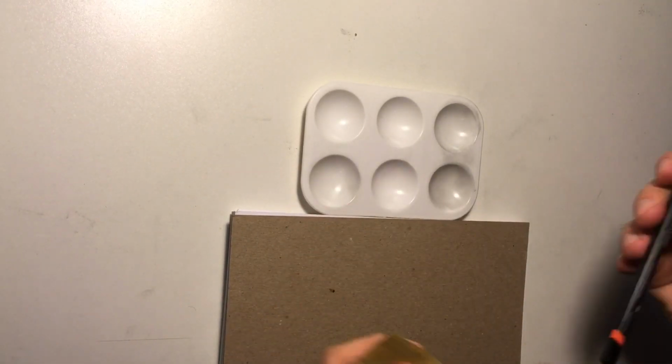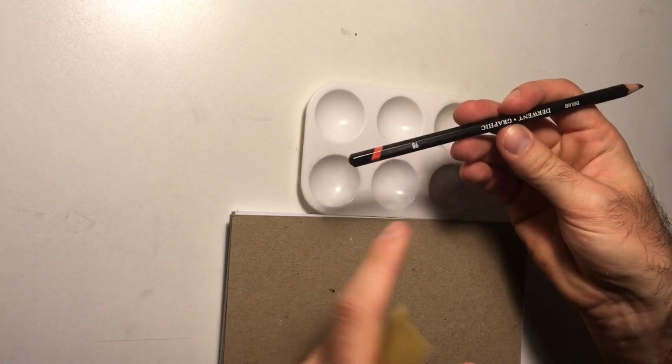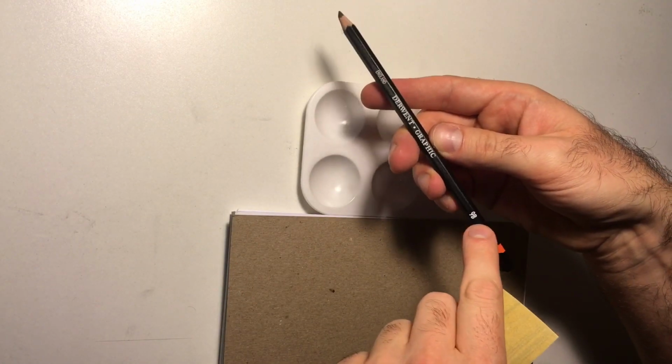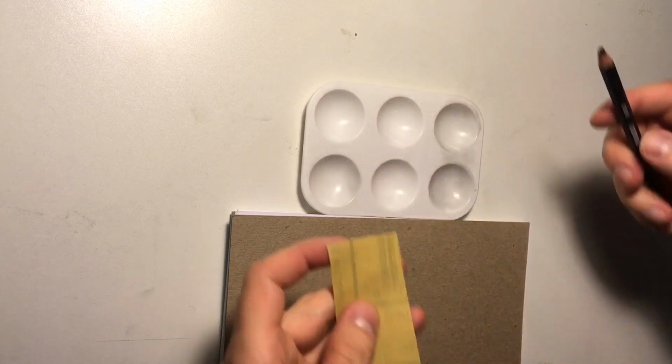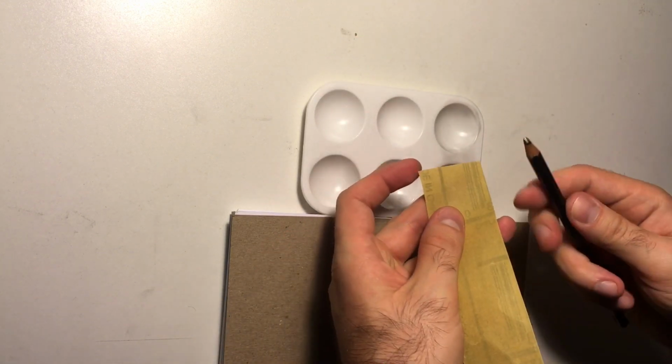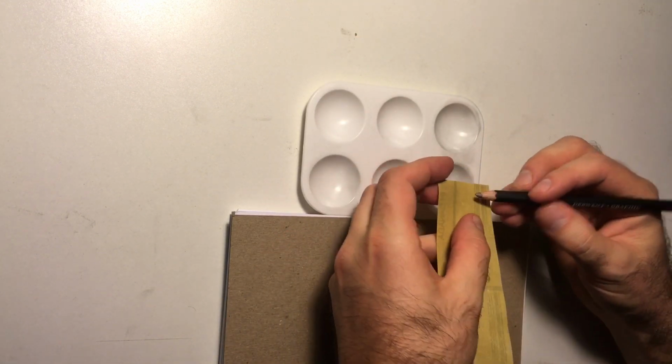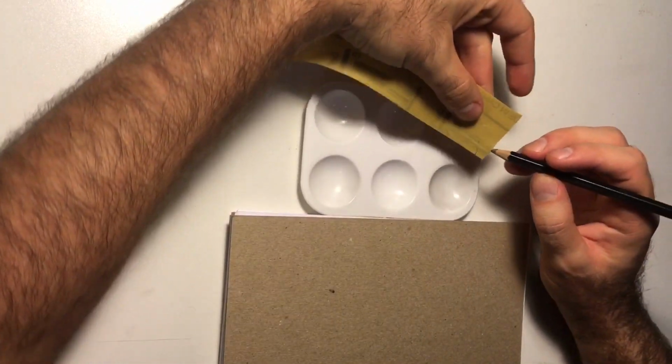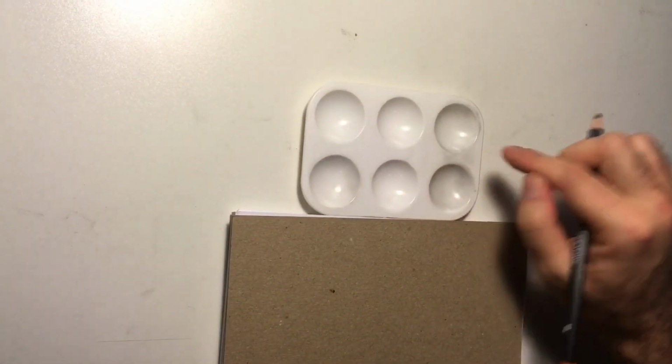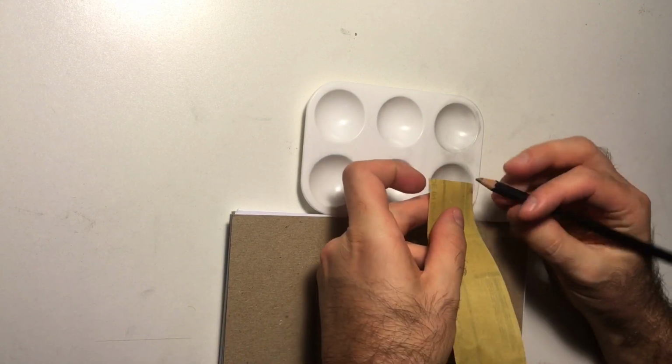I'm going to start off by using the sandpaper, and I'm going to use various sizes of graphite pencils. This is a 9B. So I'm going to take the sandpaper, and all I'm going to do is actually get some of that graphite into these different sections so I can use them as a powder.